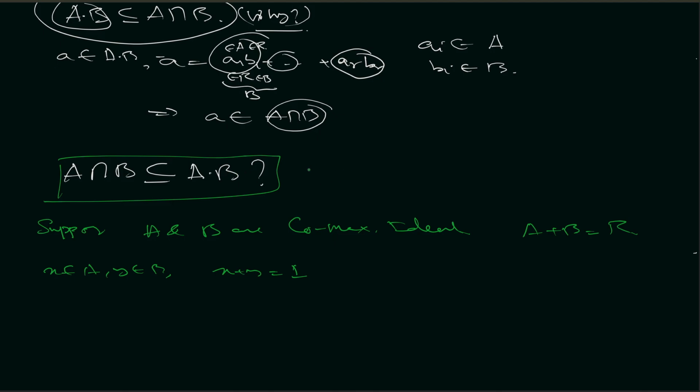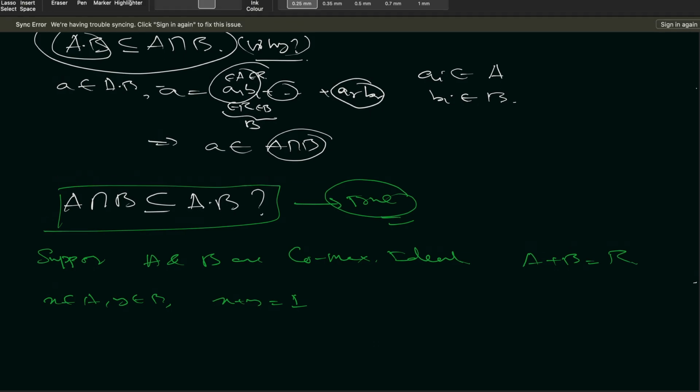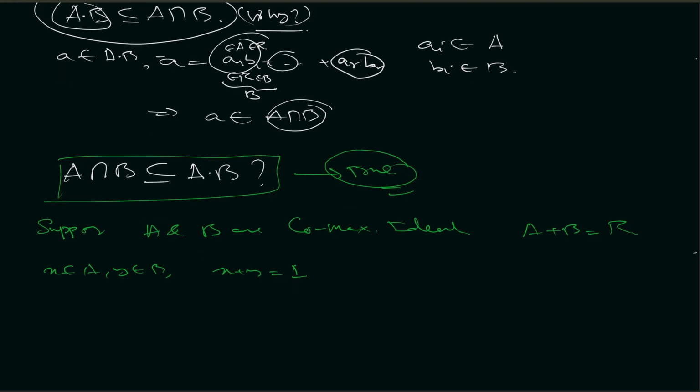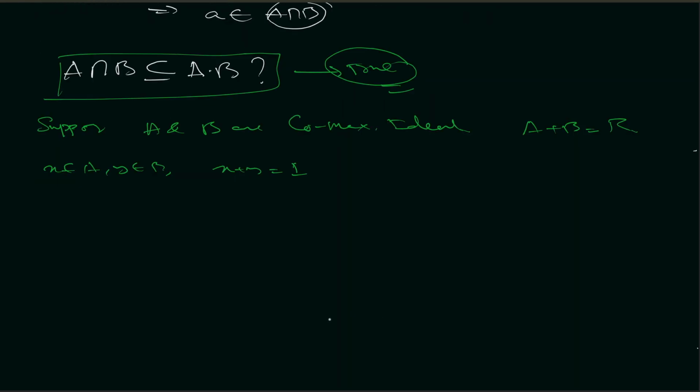Now can you see that the above statement is true? Suppose you have taken an element a from A intersection B. You already have this information, and I want to show this a is inside A dot B. So how can I show that?